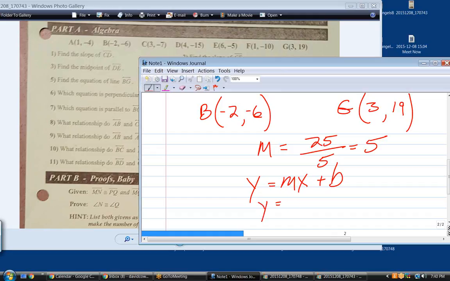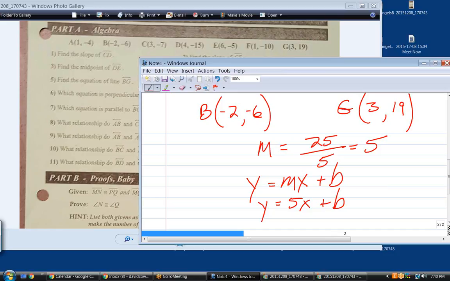So I can go ahead and fill that in. I don't know what b is. If I could solve for b, then I would have the equation of the line. Can I solve for b? What do I have to do to solve for b? You have to get the y-intercept. Well, that's b. That's what b is.